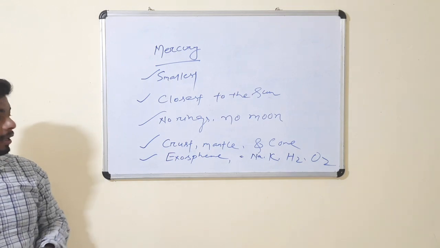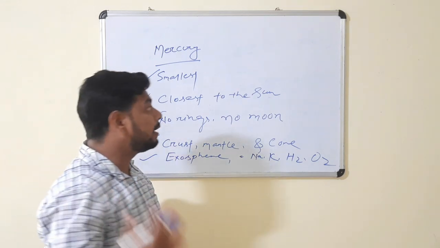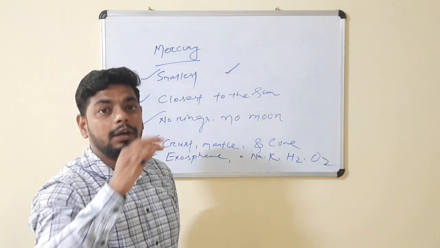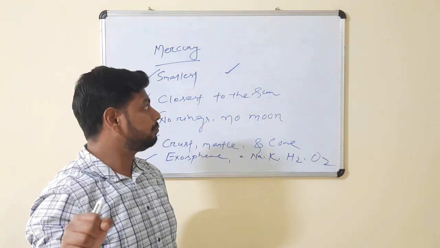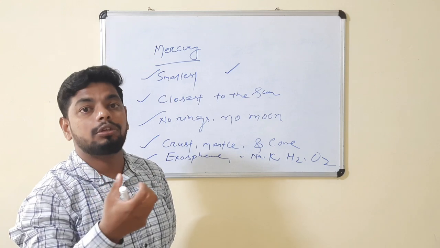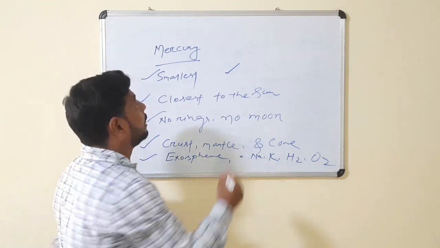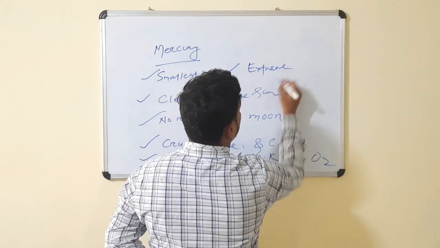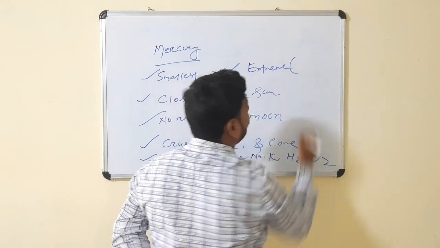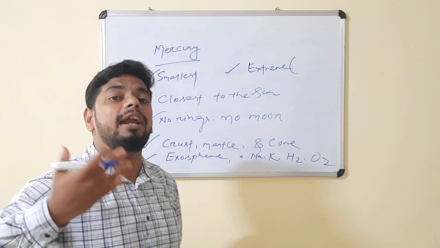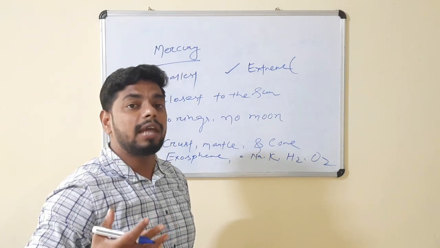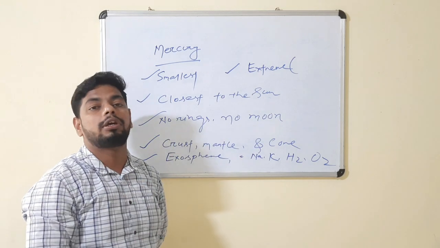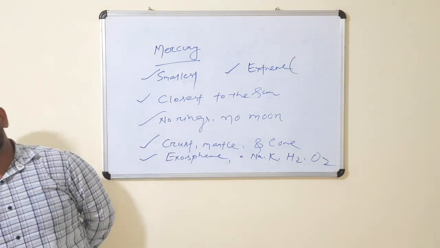As it doesn't have any atmosphere, it does not trap the heat, it does not absorb the heat much, but yes, it has extremes. During daytime it has very high temperature, and during night time very low temperature, reducing to below zero degrees Celsius.